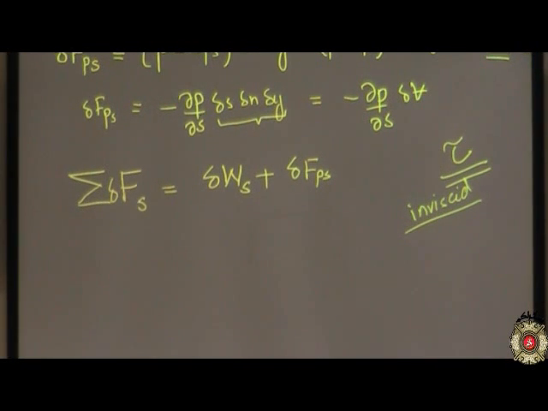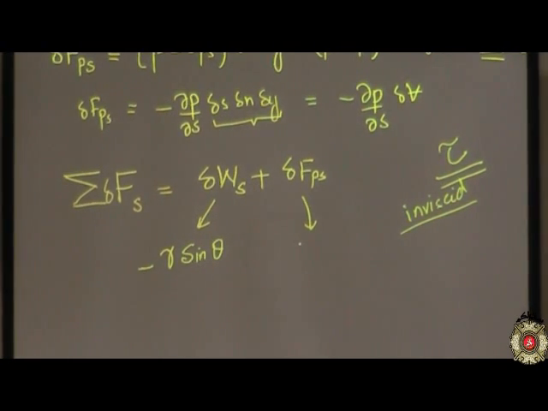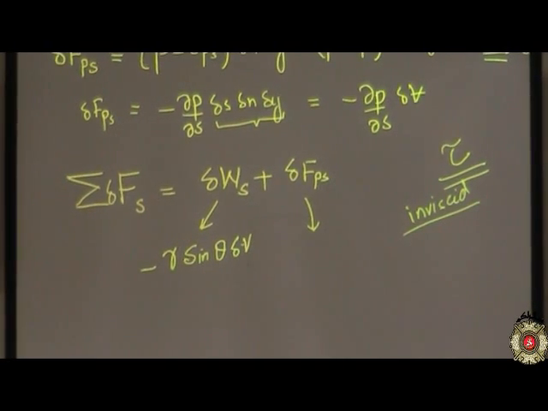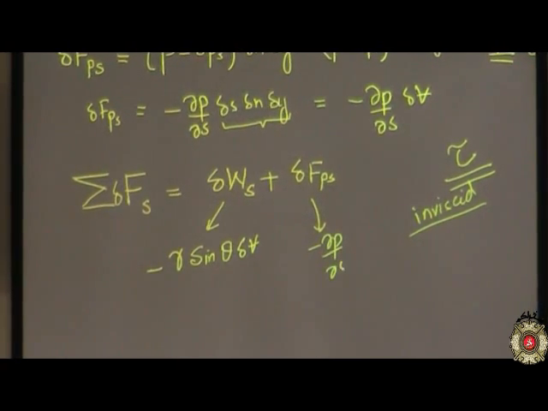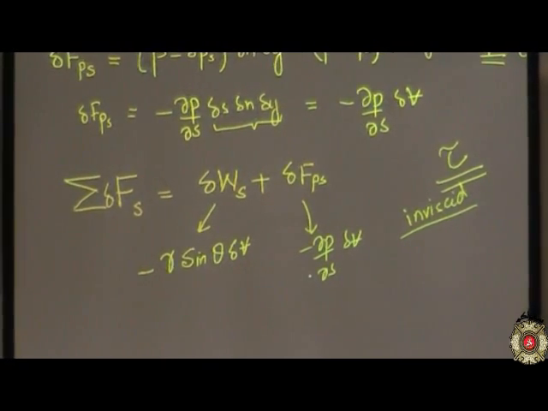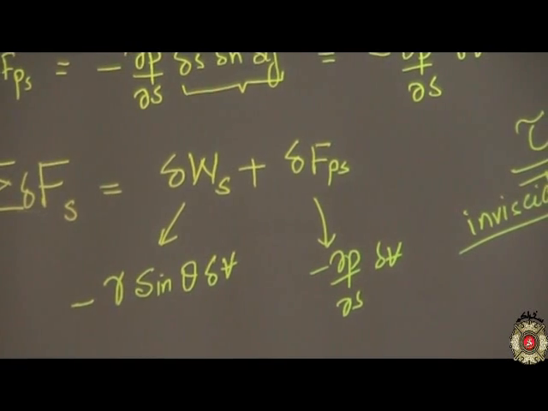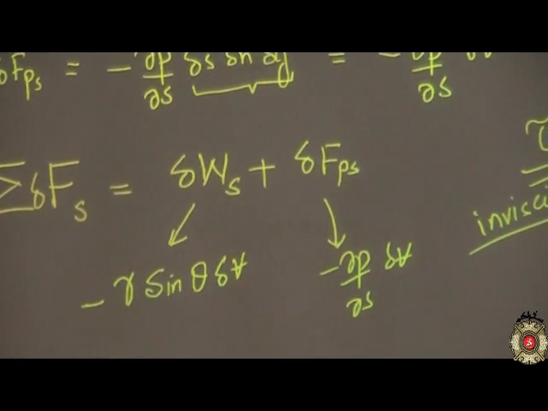Okay, so what is this? We have this written as minus gamma of what? Sine theta. And this one is written as, and there was a delta V as well. We had minus P delta V. And this thing is F equals MA basically.